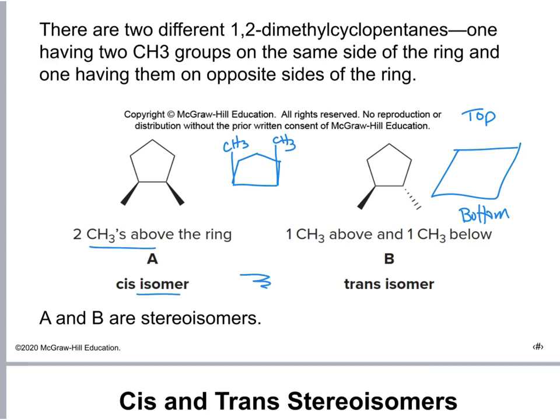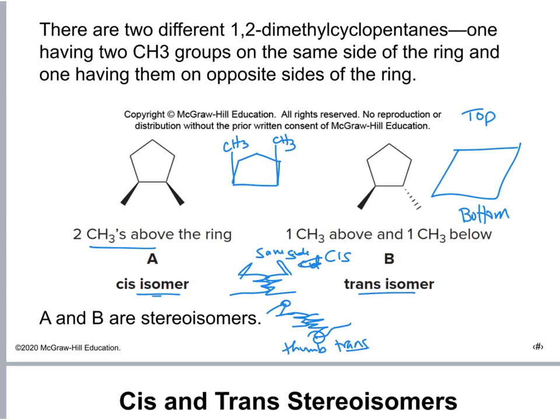So if you put your hands together, like cross your hands together with your thumb, if your thumb's on the same side, that is cis. Okay, cis. If you put your hands together and you flip them, where your thumbs are on the opposite side, that is trans.